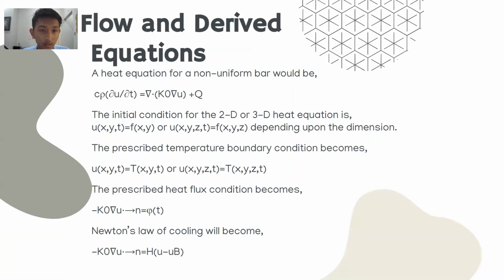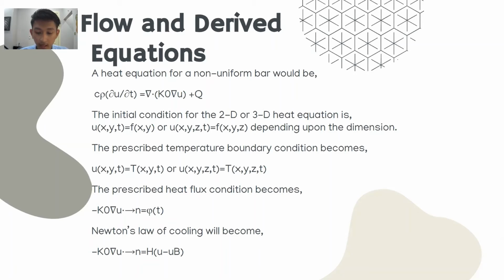So here is the heat flow and derived equations of the heat equations. As you can see, there is a heat equation for a non-uniform bar as an example, and the initial condition for the 2D and the 3D heat equation. All of these are derived from Fourier's law, from the one dimension formula of the heat equation.